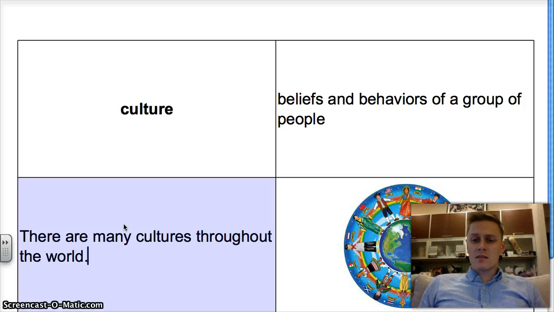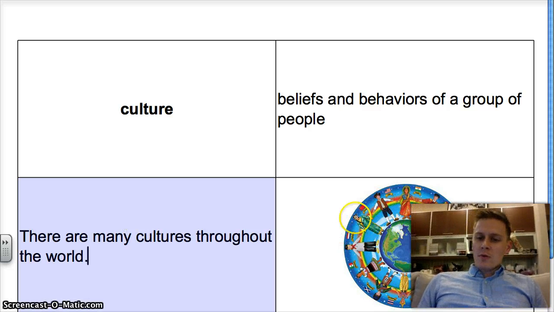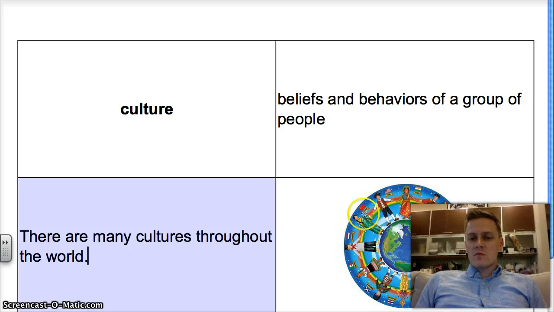Even the United States has many different cultures. So what we have here for our picture is people holding hands all around the world representing many different cultures, different beliefs and behaviors, whether it's religion, ideas about government, clothing, all kinds of differences.